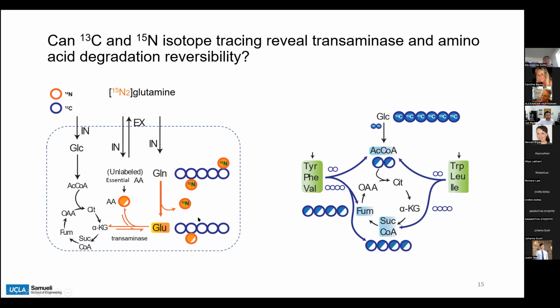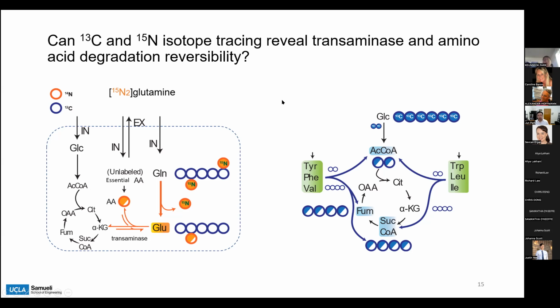Based on the transaminase reaction, glutamate can be partially labeled by glutamine and also by unlabeled nitrogen from amino acids, which are also taken up by the cell. So based on observing the labeling pattern of amino acid nitrogen and glutamate, we thought that transaminase reversibility could be quantified. That's the underlying principle that we thought of.